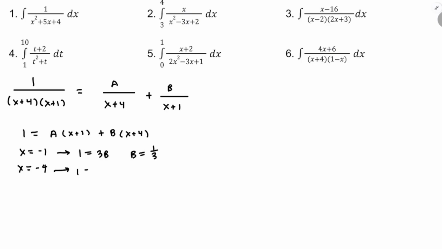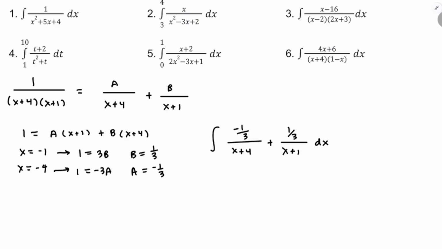That's going to give me 1 equals A times -3 plus B times 0. So that means A is -1/3. Now I'm actually integrating -1/3 divided by x plus 4 plus 1/3 divided by x plus 1.